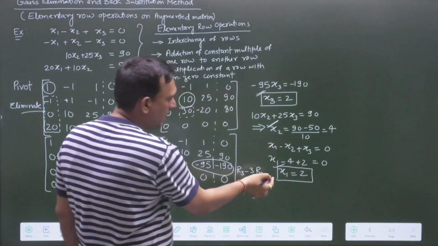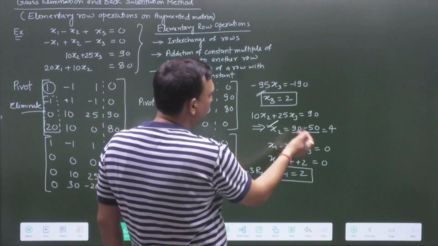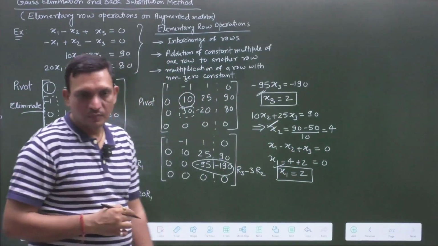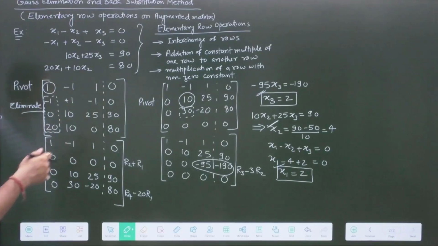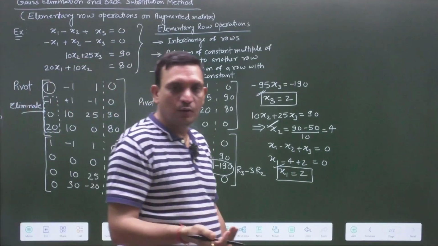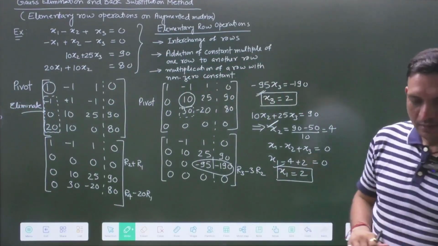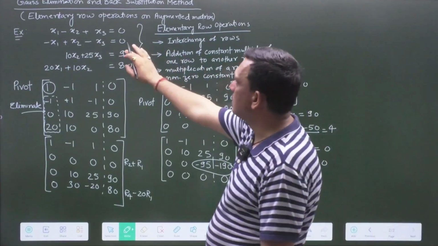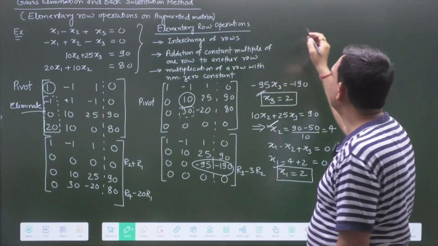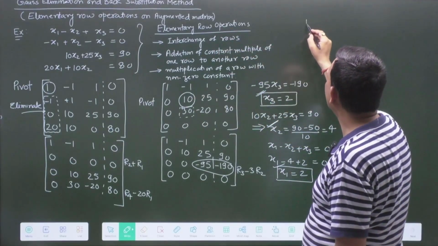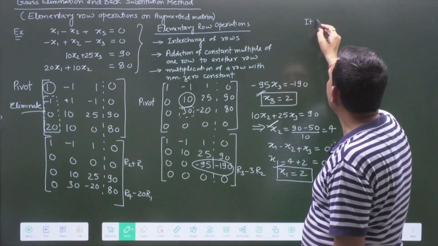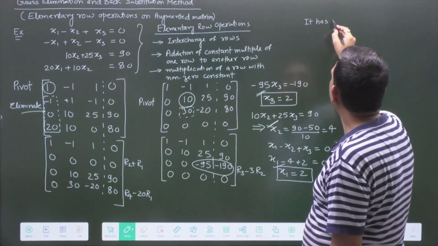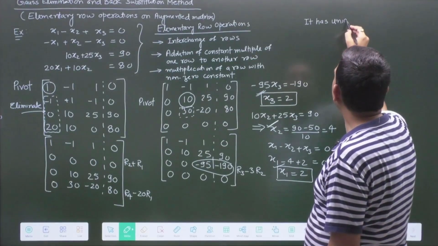So you are getting x1 2, x2 4, x3 2. So it means it has unique solution. You have 3 unknowns and we have uniquely calculated values of x1, x2, x3. So this particular system has unique solution.